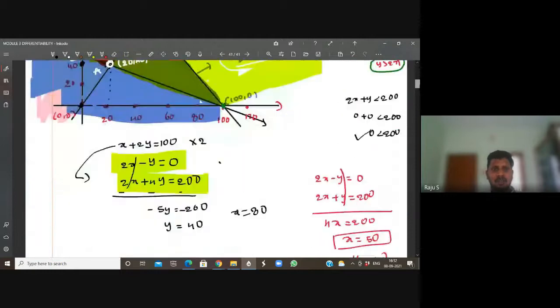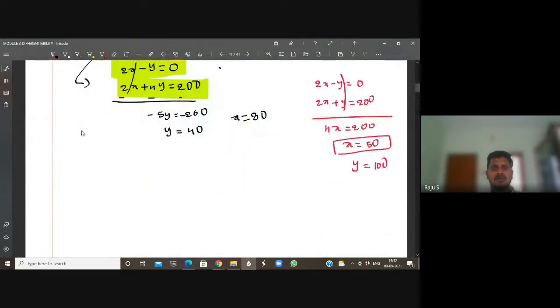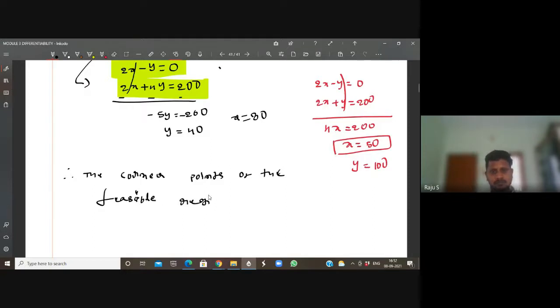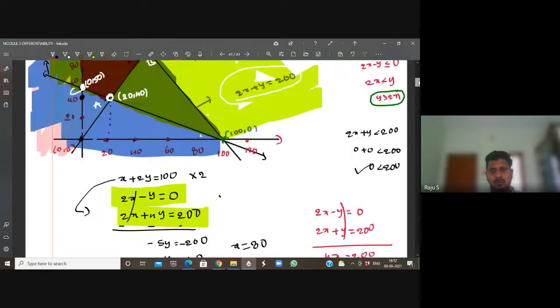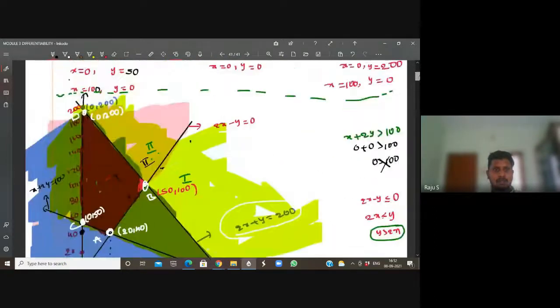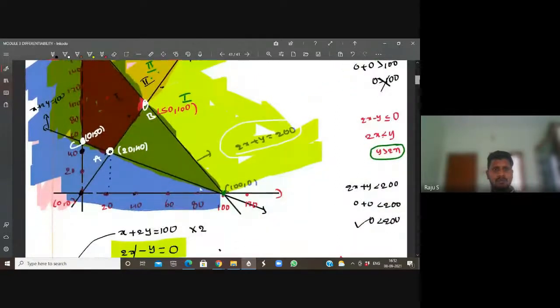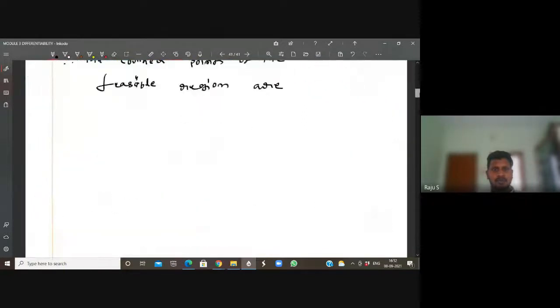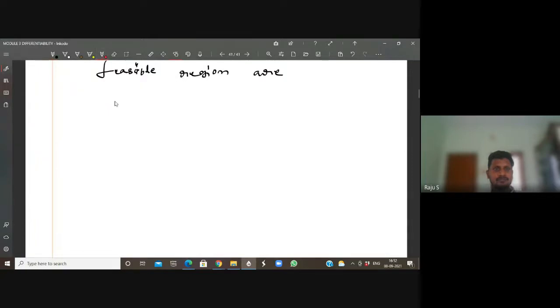After drawing the graph, you have to write, therefore, the corner points of the feasible region. 4 corner points are there. One is 0 comma 50, 0 comma 200, first A 20 comma 40.